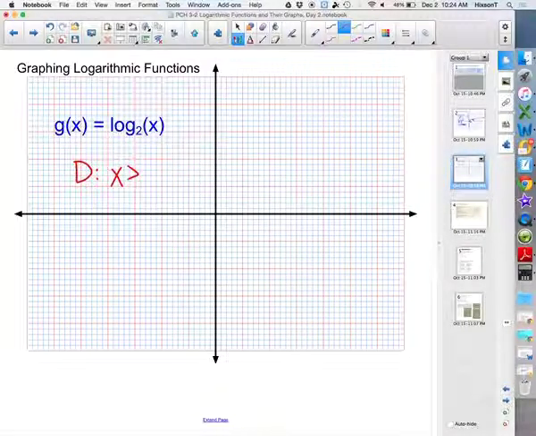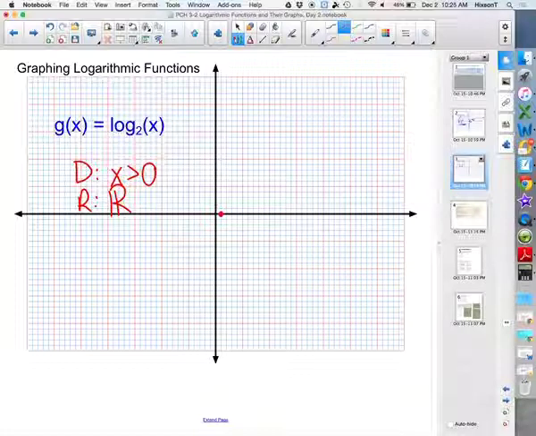And what would the range be? All real numbers. Still the same. We still have a vertical asymptote at x equals 0. Someone give me a point on the graph. 1, 0. And then good, 2, 1.